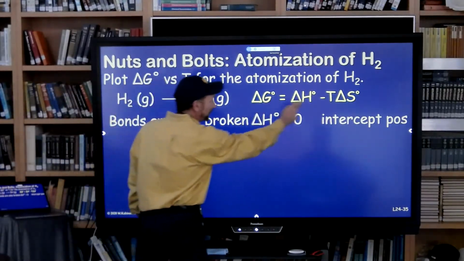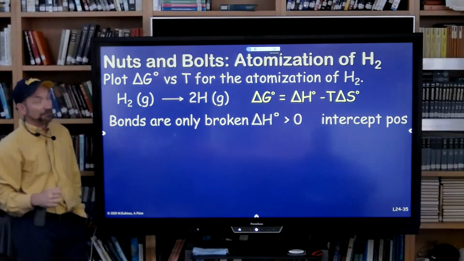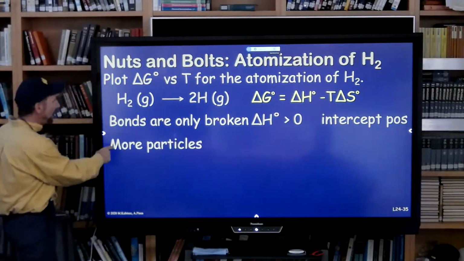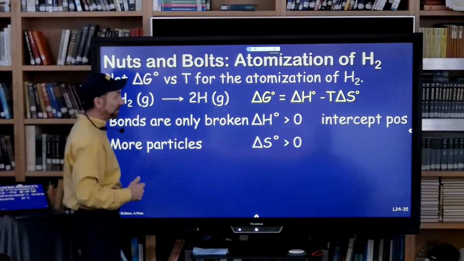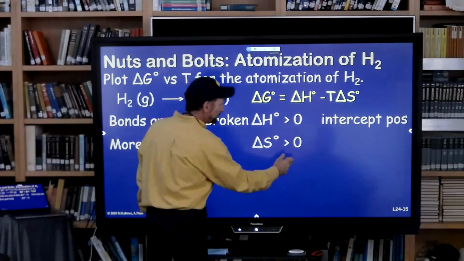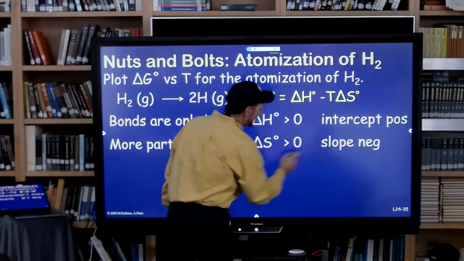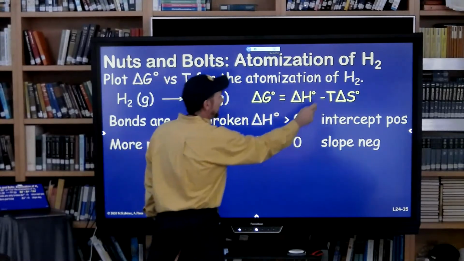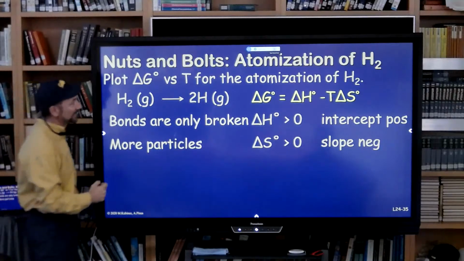So if I'm going to plot this, the intercept of the delta G versus T is positive. I make twice as many particles, so twice as many microstates. Delta S is positive, an increase in entropy. That means the slope is negative. Delta S is positive, but it's minus T delta S, and T is always positive, so minus T delta S is negative.